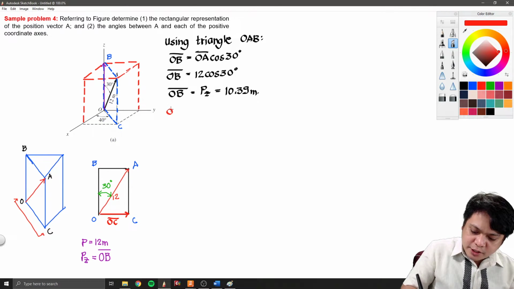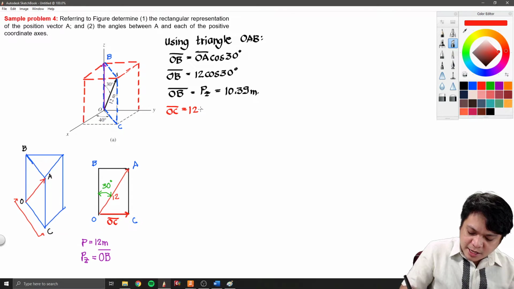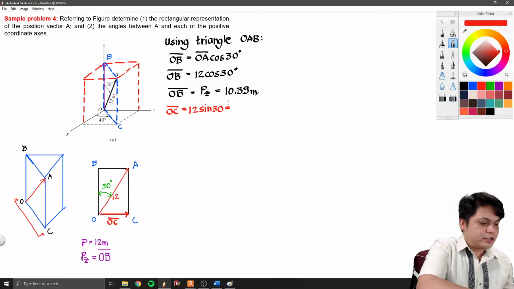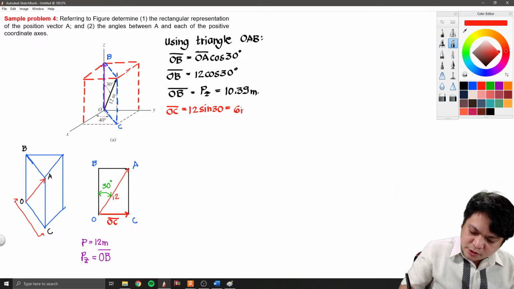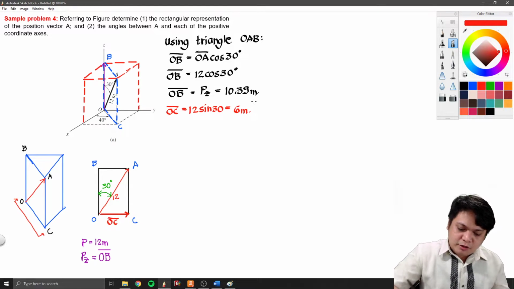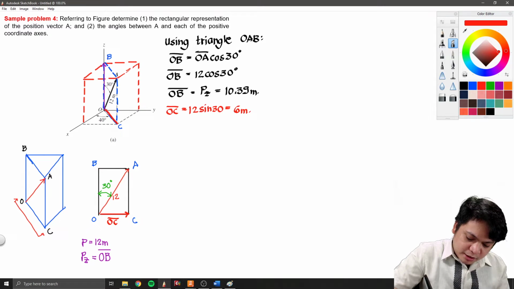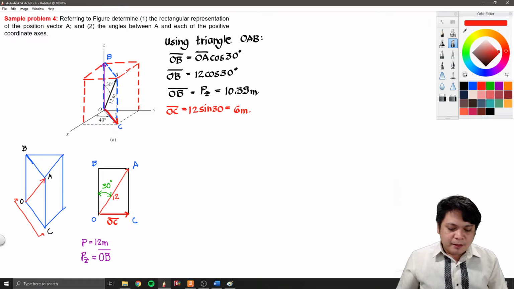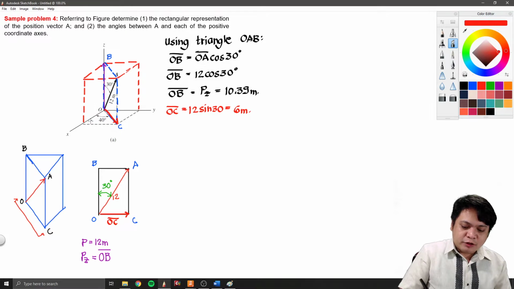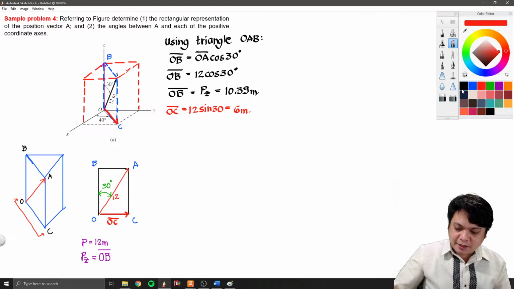For the segment OC, that's just equal to 12 sine of 30, and that's around 6 meters. Ito yung ating OC sa pinaka-drawing natin.